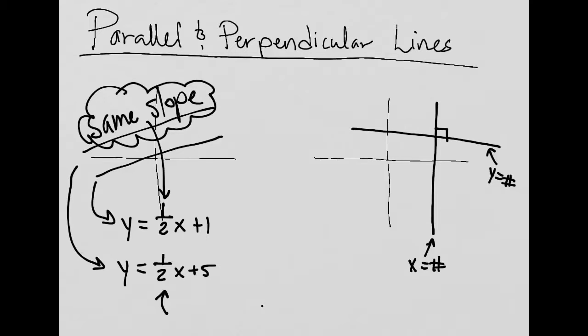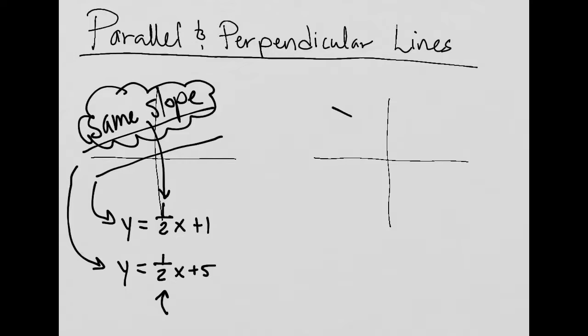So see how they're kind of like opposite in a sense? So really, they don't have to go straight up and down or left and right, so they don't have to be horizontal and vertical. They could be slanted, but as long as the other one forms that right angle with it, they're perpendicular. So the slopes aren't necessarily opposite, they're opposite and reciprocals.